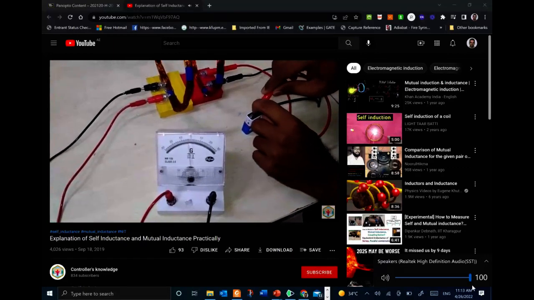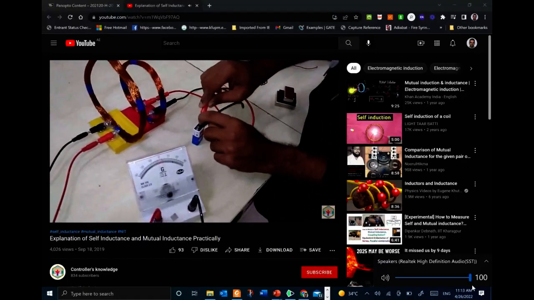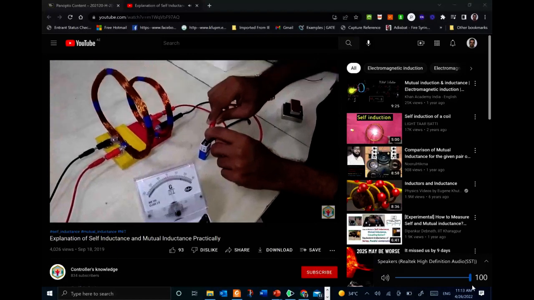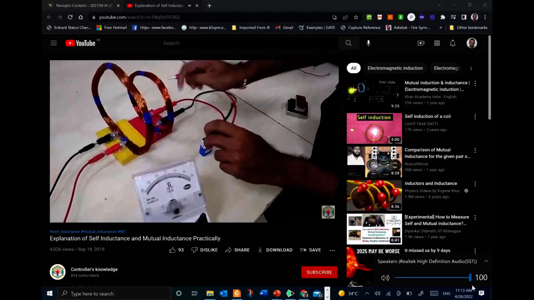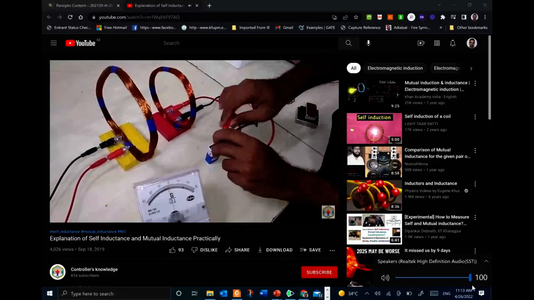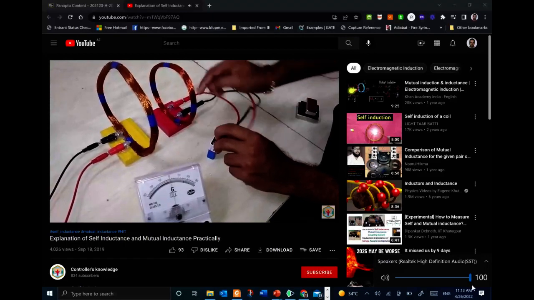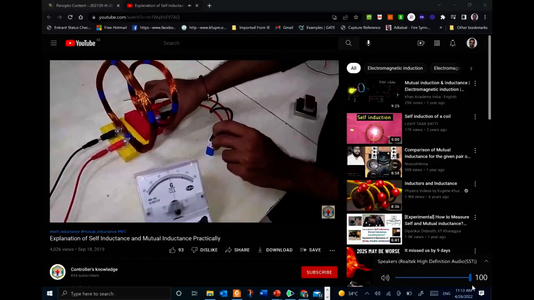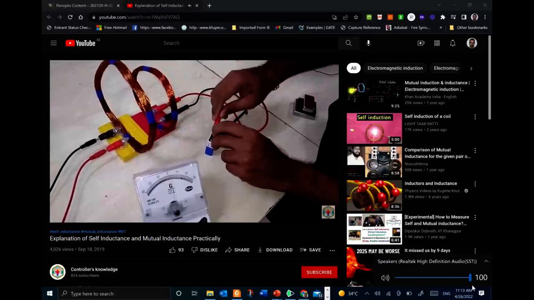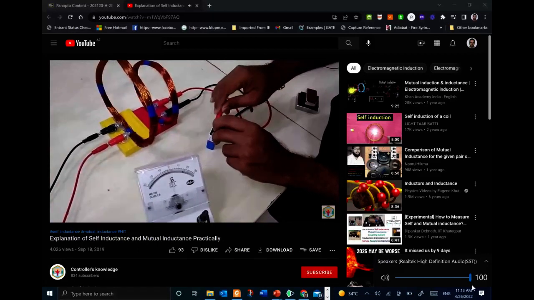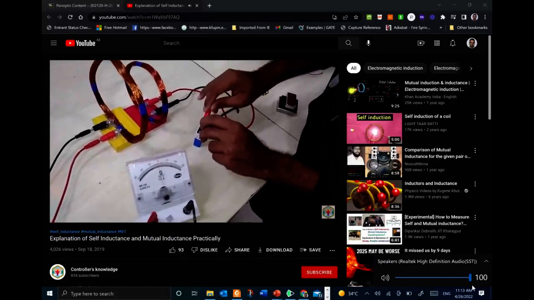Notice as he connects one coil to the battery, the second coil shows a change in the galvanometer. If I move this coil further away, the deflection will be reduced due to the distance. If I reduce the distance, the deflection will be more.